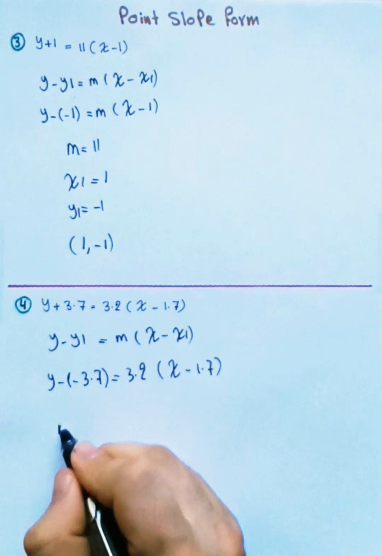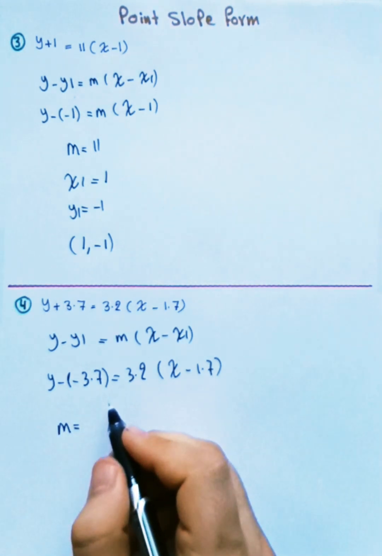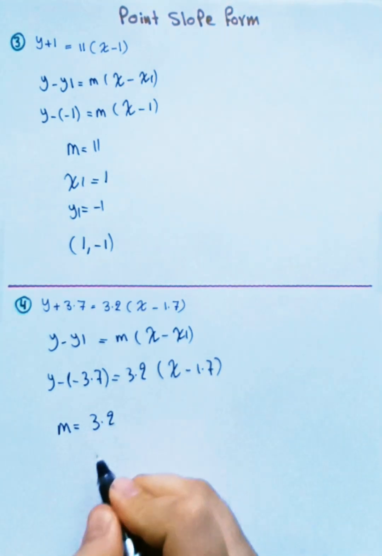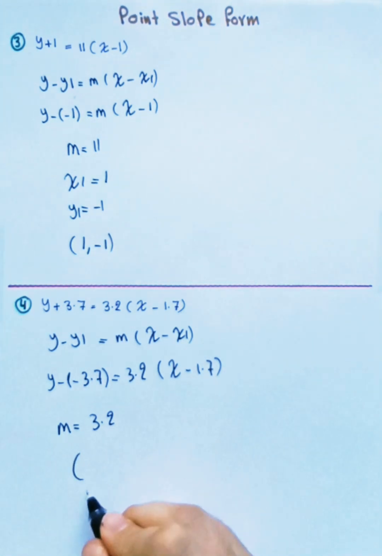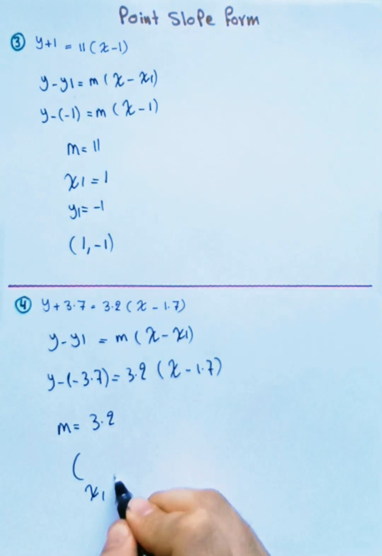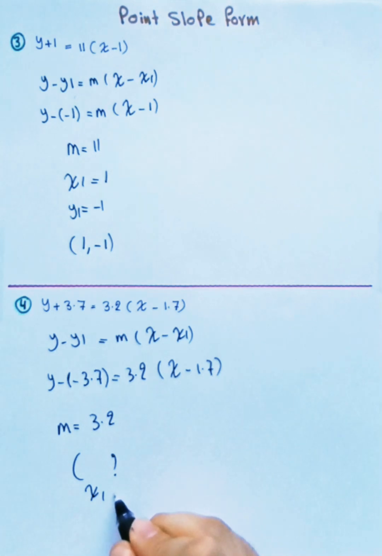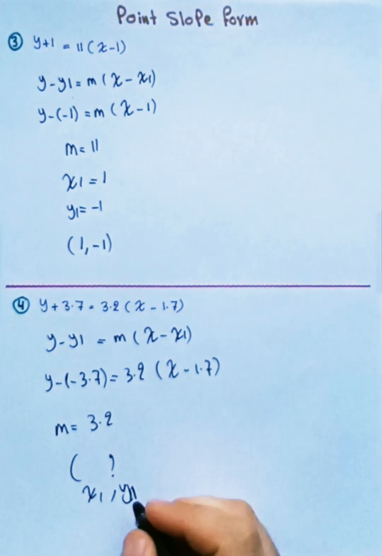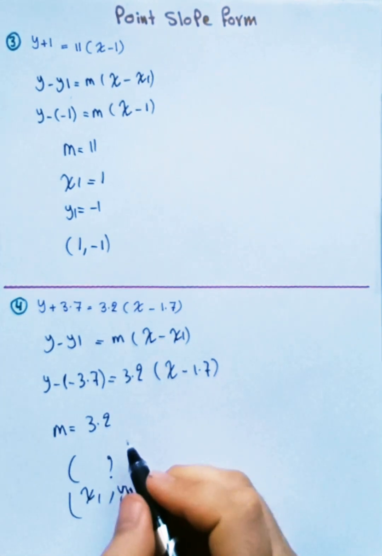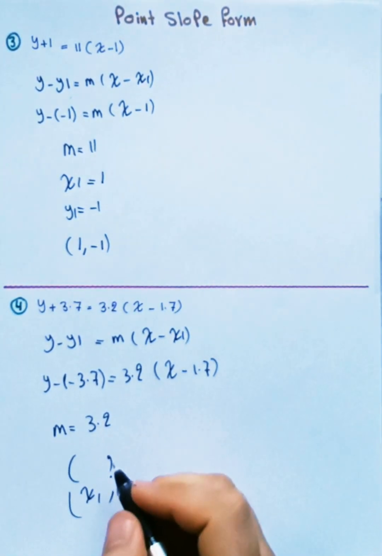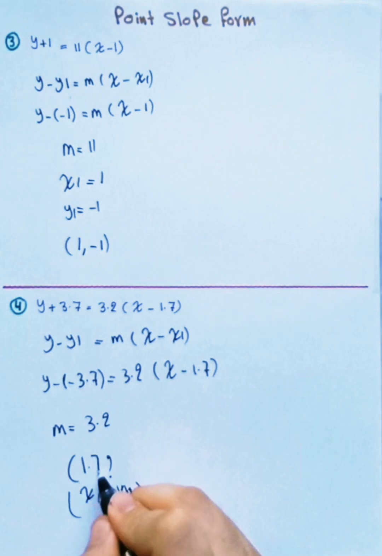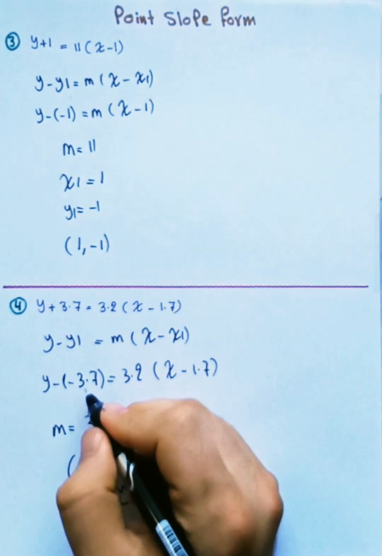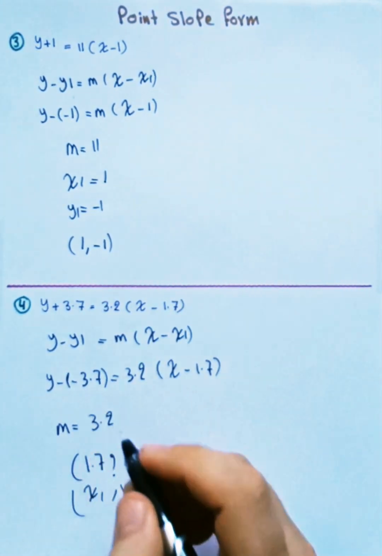So the slope is 3.2, x1 is 1.7 and y1 is negative 3.7.